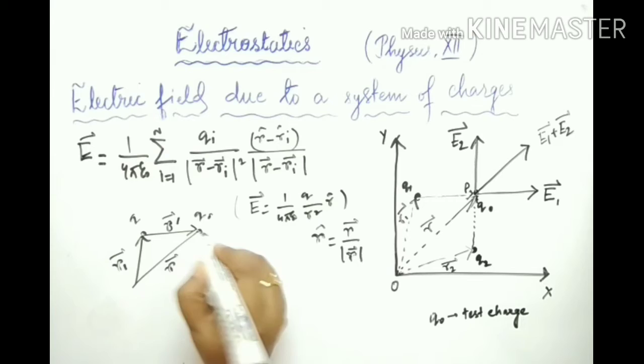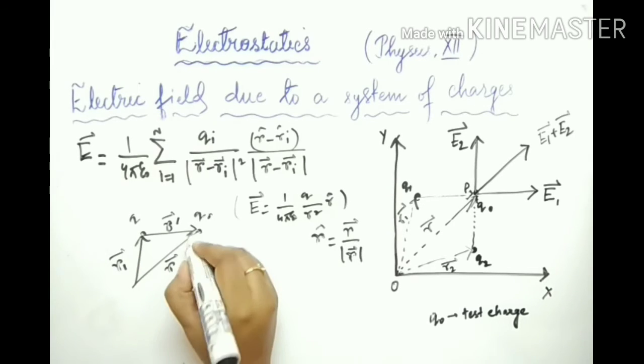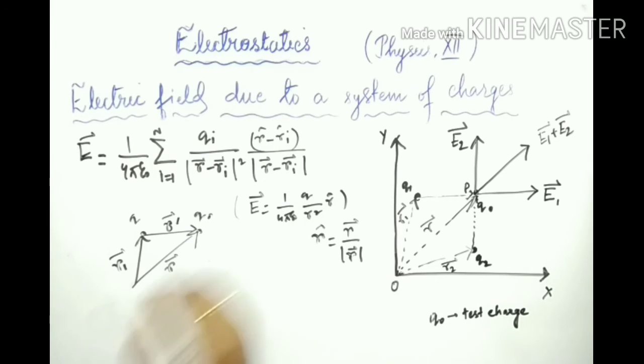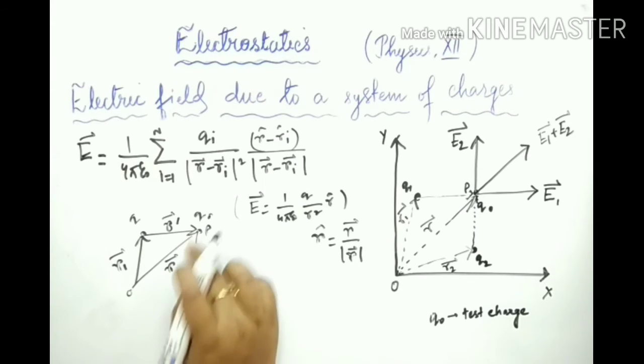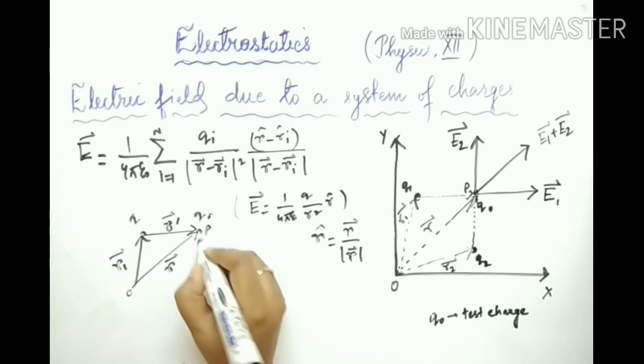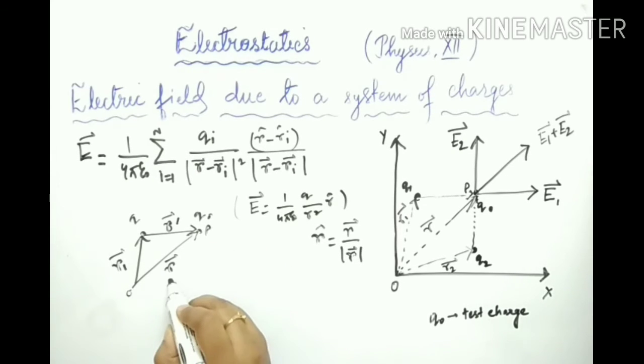It is directed from q to q naught, and q naught's position vector is r from the origin. How do we find this?